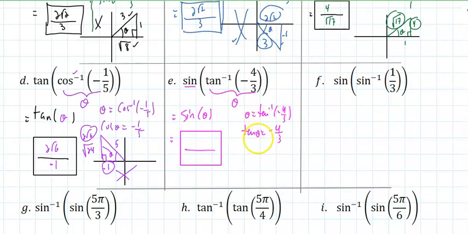Tangent is negative in 2 quadrants, quadrant 2 and 4. But the fact that I started the problem with an inverse, since I can't be in these quadrants, I must be in quadrant 4. There's theta. Opposite over adjacent. We know the y is negative. That's a 5. And the sine of that would be the opposite over the hypotenuse. And there it is.